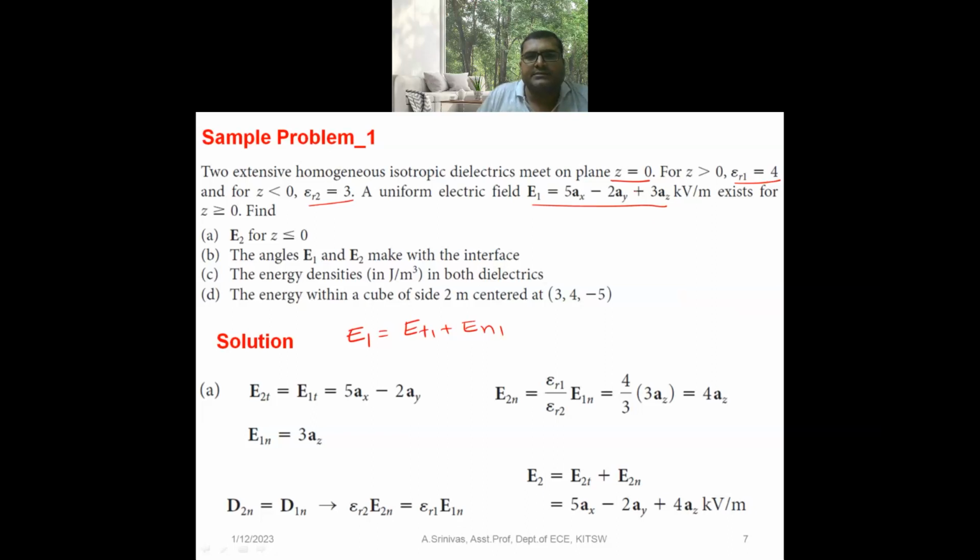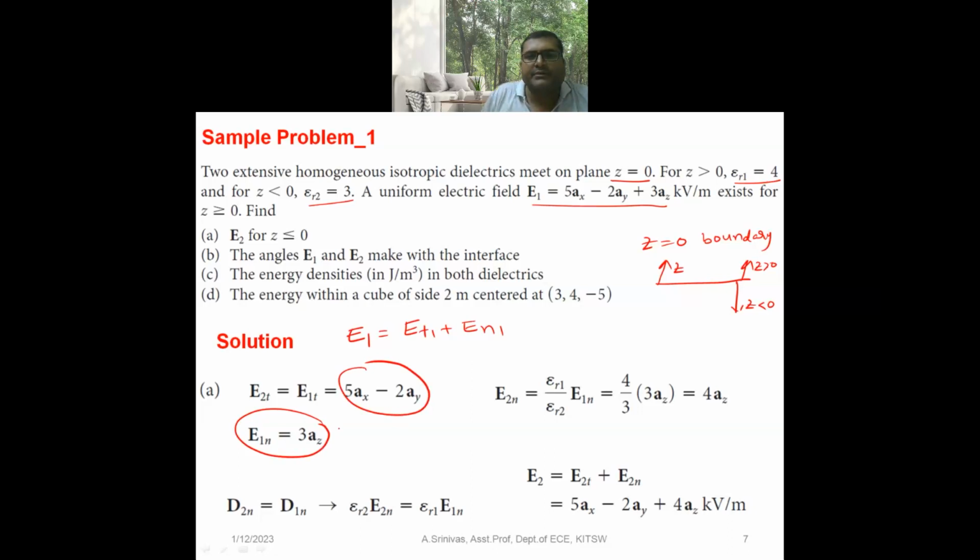Here it is 5ax minus 2ay plus 3az. z equal to 0 plane is the boundary, means z greater than 0 is one medium, z less than 0 is another medium, and normal to the boundary is z axis. So here the normal component is associated with az, and the remaining is tangential component.